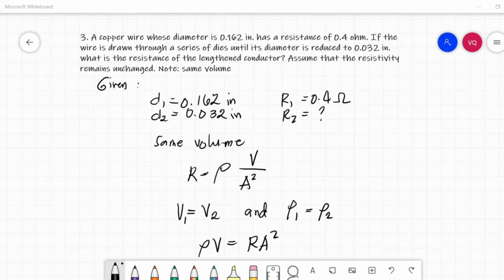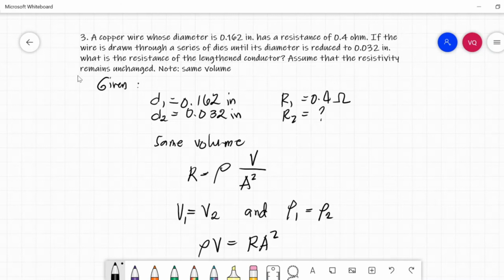Number 3, a copper wire whose diameter is 0.162 inch has a resistance of 0.4 ohm. If the wire is drawn through a series of dies until its diameter is reduced to 0.032 inch, what is the resistance of the lengthened conductor?